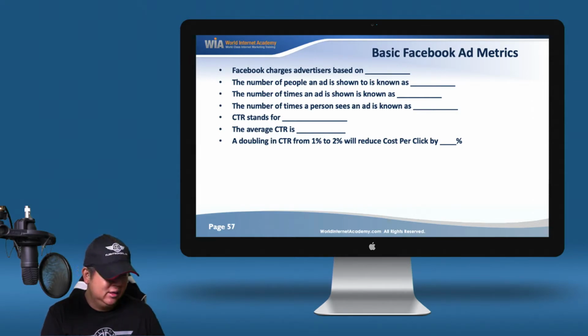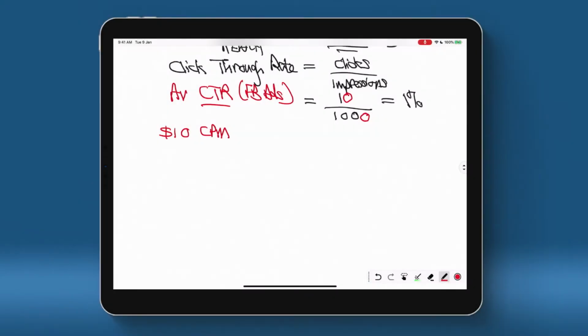Follow me as best as you can in the workings. So there you go, $10 CPM is the cost, but it is not the cost per click, it's the cost per thousand, remember? So we convert cost per thousand into cost per click by making the following assumptions.